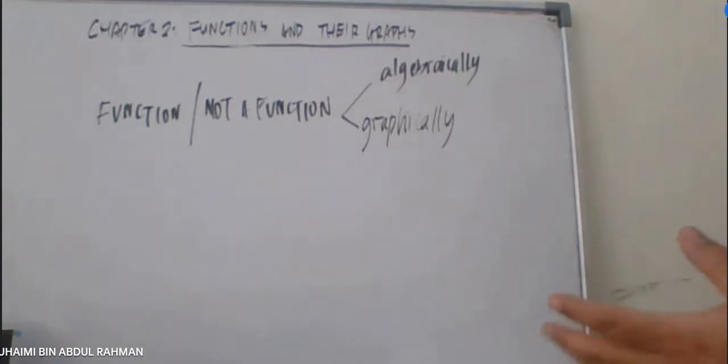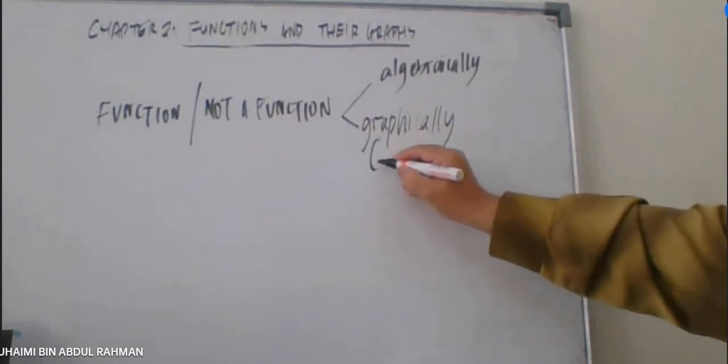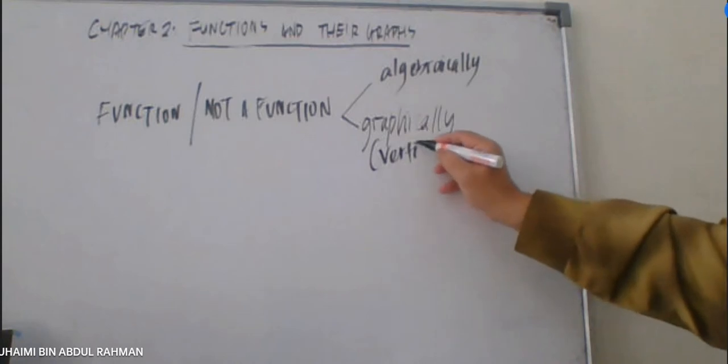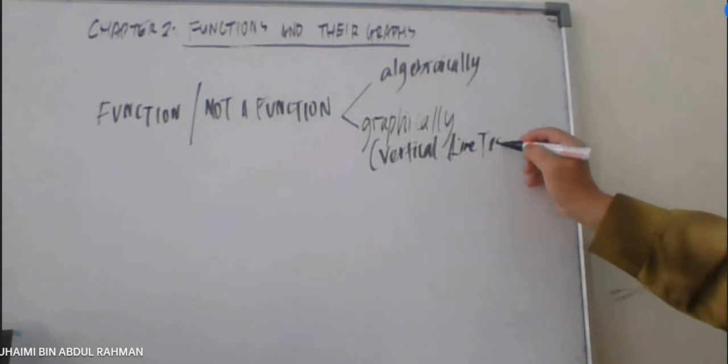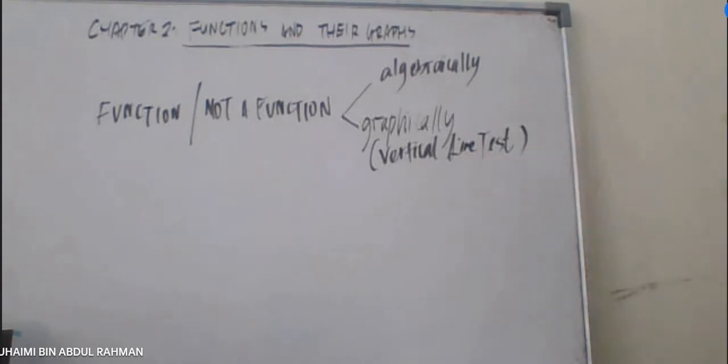Without the graph, we cannot test. And when testing graphically, we have one test which we call the vertical line test.